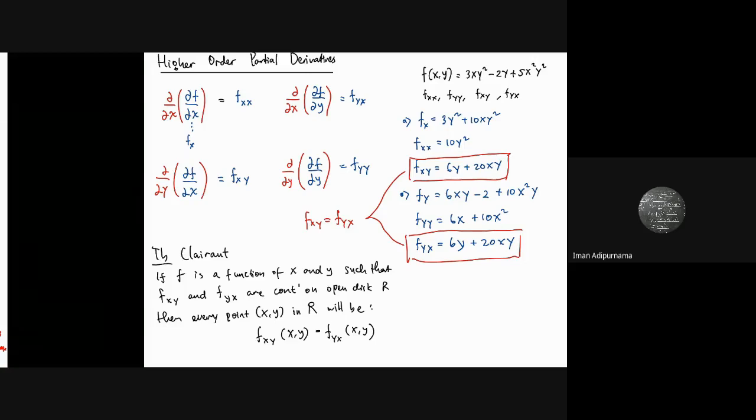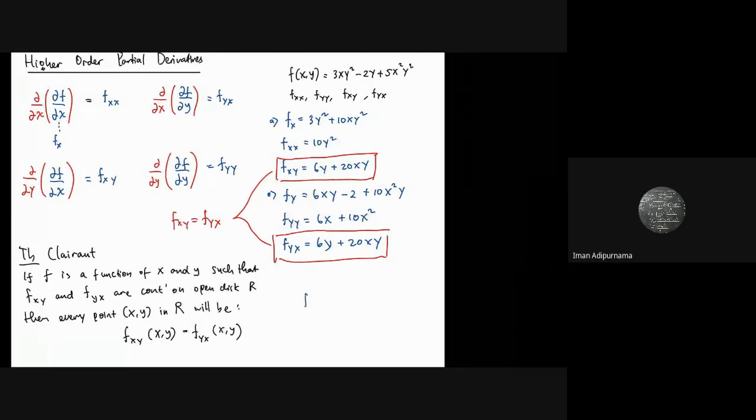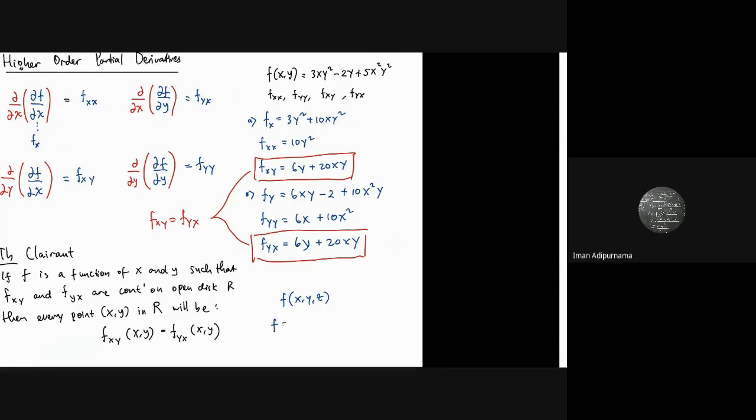And the Clairaut theorem is not limited to only two variables. If you have more than two, like 3 or 4, for example, if you look at f with 3 variables like that, at some point you will have fxzz equal to fzxz equal to fzzx.